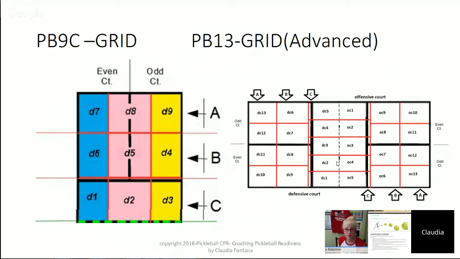So now I move to the PB13 grid, and I call it an advanced grid because I've added dimensions here. Now you divide the net into more zones, and if you watch the top level players, they don't just hit 1, 2, 3. They break it down even more.